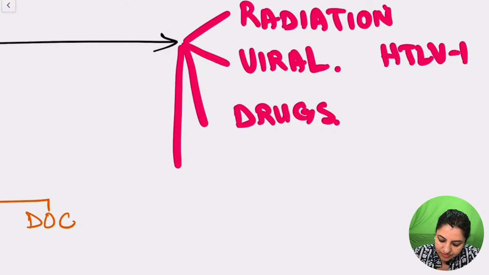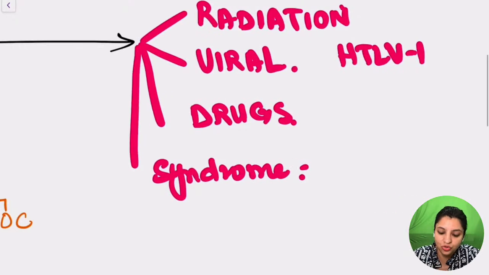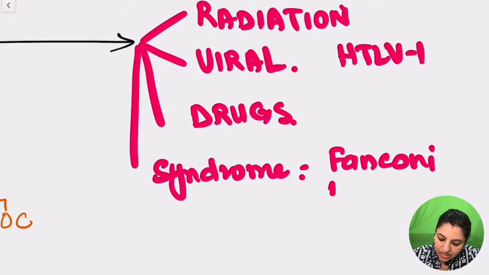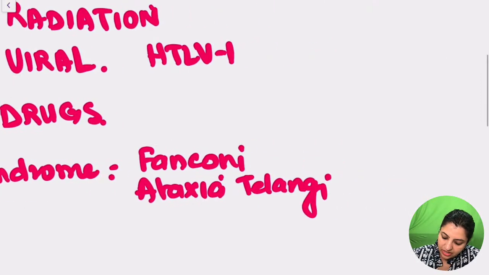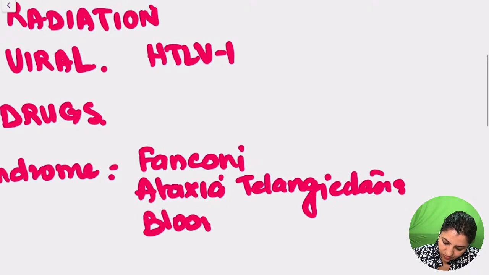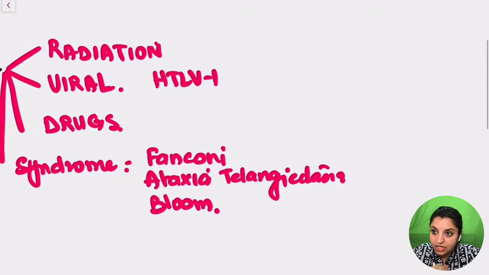And of course, some syndromes like DNA breakage syndromes, in which DNA breaks and therefore doesn't repair and can cause leukemias, like Fanconi's anemia, ataxia telangiectasia, and of course, Bloom syndrome. So these are the etiologies for any acute leukemia. Write that out, finished.